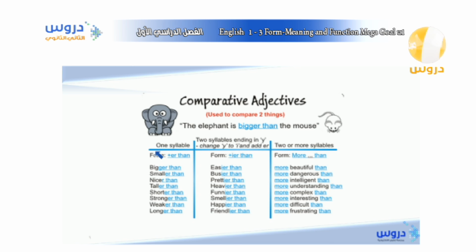Understanding, complex, difficult, expensive, 3 syllables. Yes, give me more examples. Think about more examples of words that have more than one syllable. Frustrating, yes. Excellent.